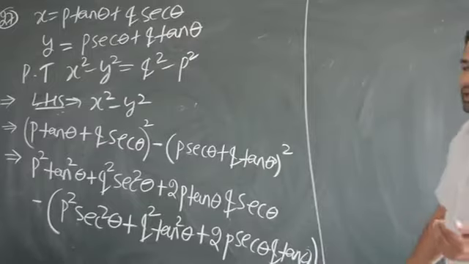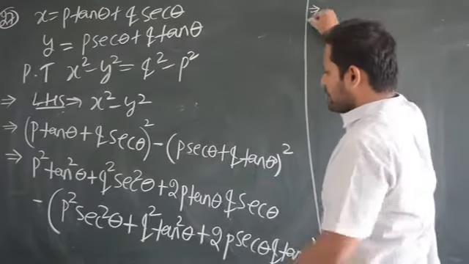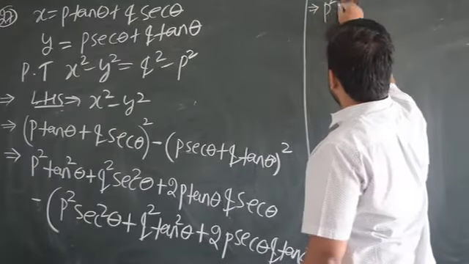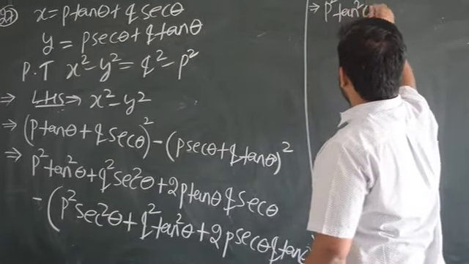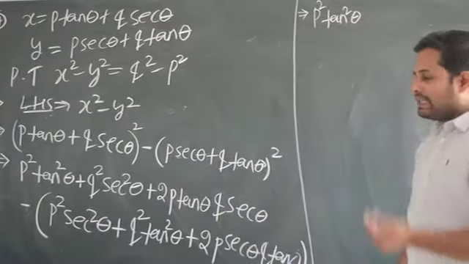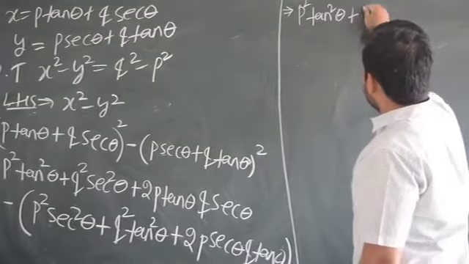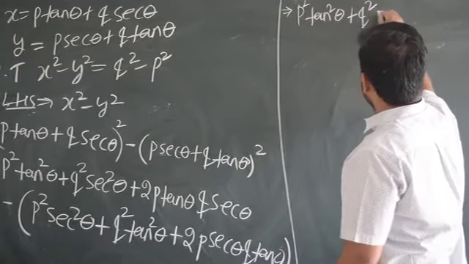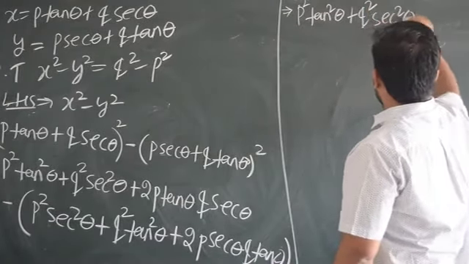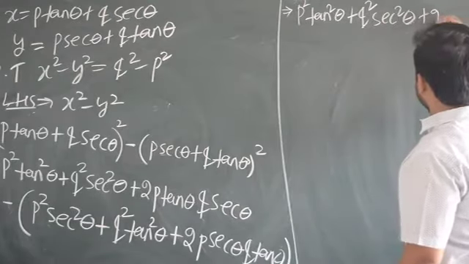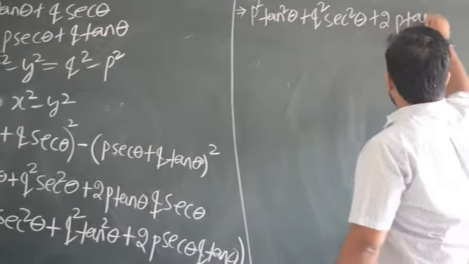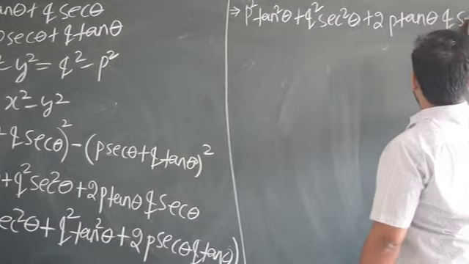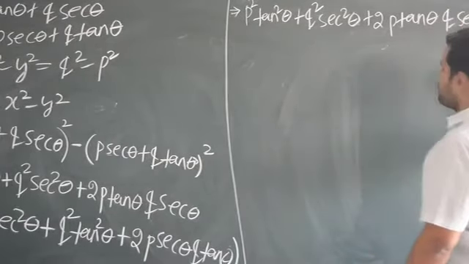You have to open the bracket now. So what does it become? The first one is p square tan square theta. That's why I told you it is a little bit heavy on calculation but easy. So p square tan square theta plus q square secant square theta, then plus 2 p tan theta into q secant theta. I am carrying forward all the things whichever are there.